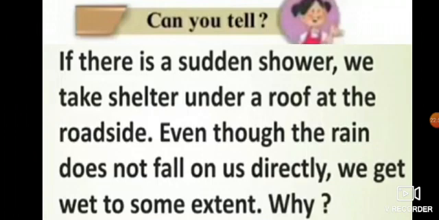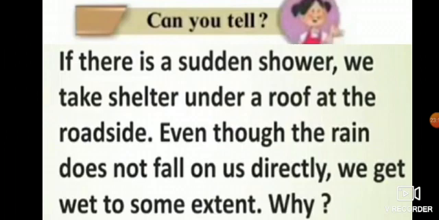Now, can you tell me, if there is a sudden shower, we take shelter under a roof at the roadside. So even though the rain does not fall on us directly, we get wet to some extent. Why?